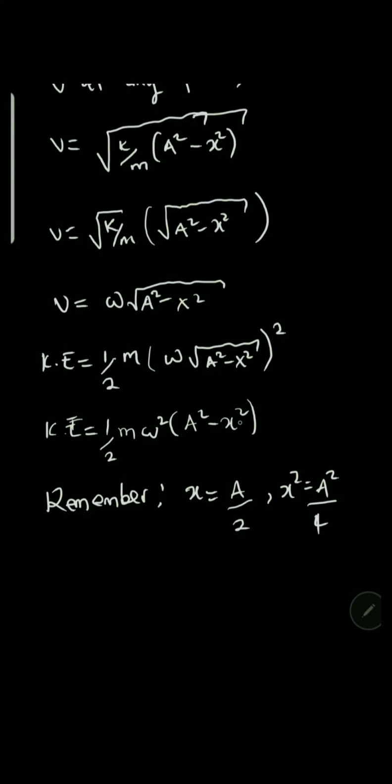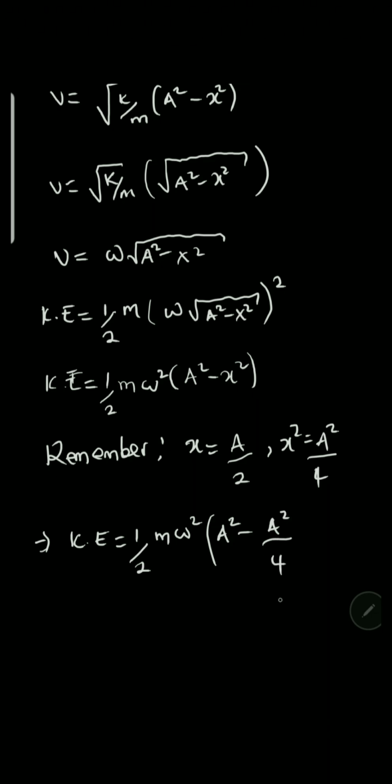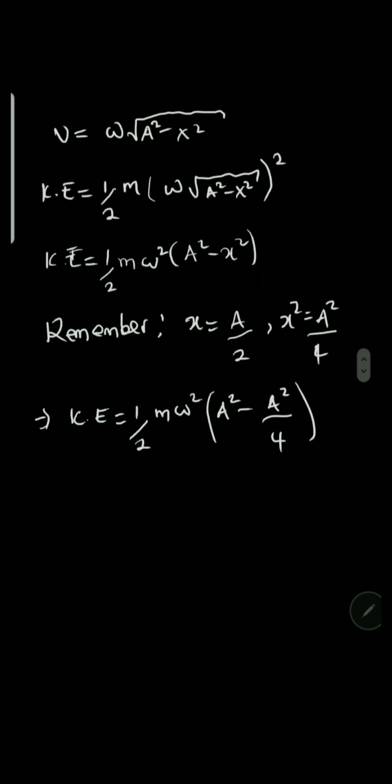So now we'll substitute this where there's x squared. This therefore means that our kinetic energy is equal to half mass times angular frequency squared multiplied by a squared minus a squared divided by 4, like this.